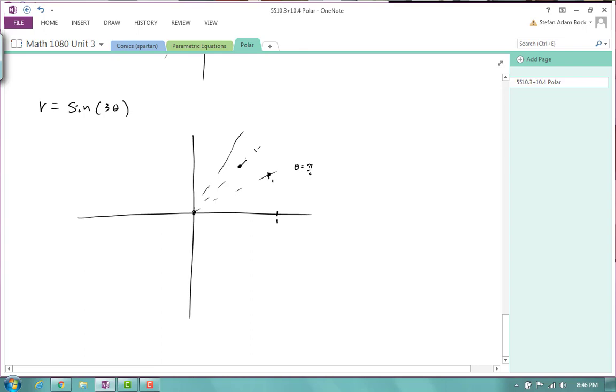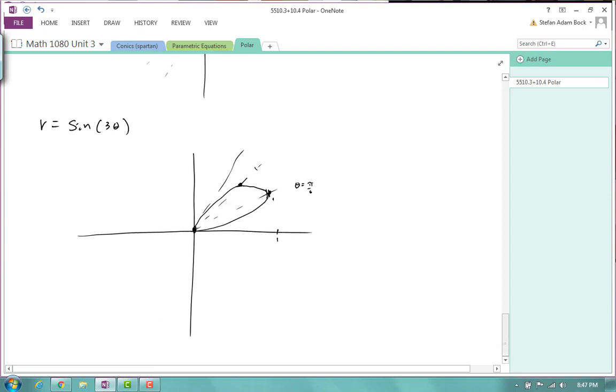And if I plug in pi over 3, that's sine of 3 times pi over 3, which is sine of pi, which is actually equal to 0 again. So it looks like I've gone up and then come back. So what happens as I go to pi over 2?